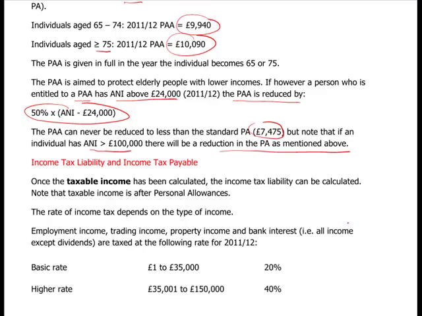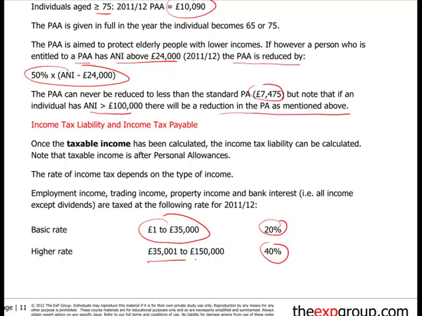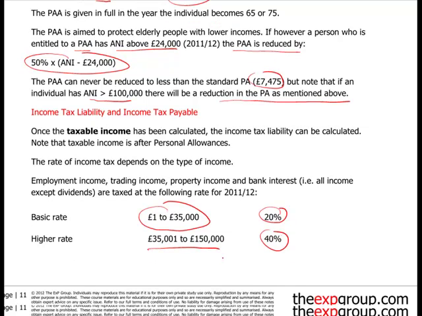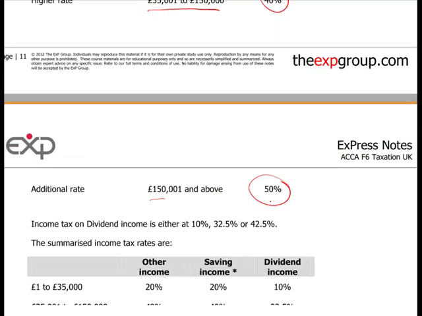Income tax liability. Well, once the taxable income has been calculated, the basic rate is the first 35,000 of taxable income at 20%. Higher rate is at 40%, between 35,000 and 150,000 of taxable income. And above 150,000, it's all at 50%.